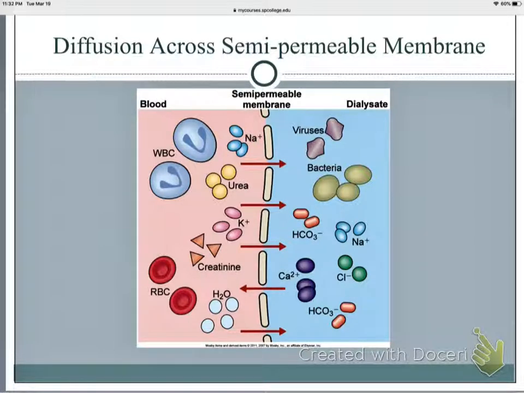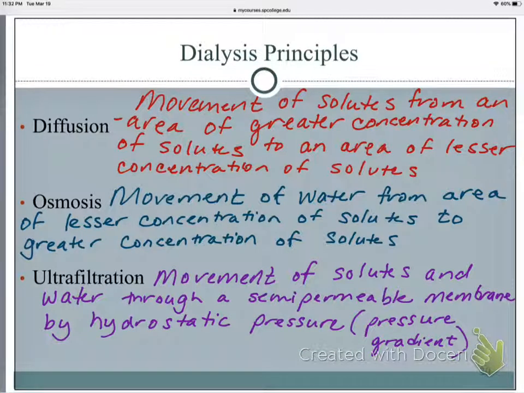And there's other complications also. We're going to talk about those too. But in general, the principles of dialysis have to do with diffusion, osmosis, and ultrafiltration.